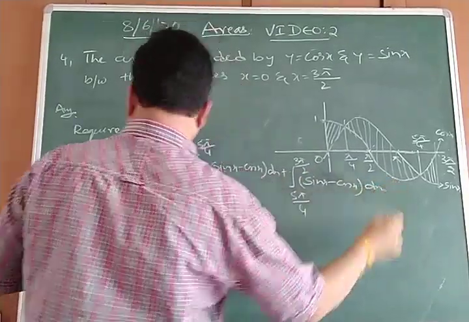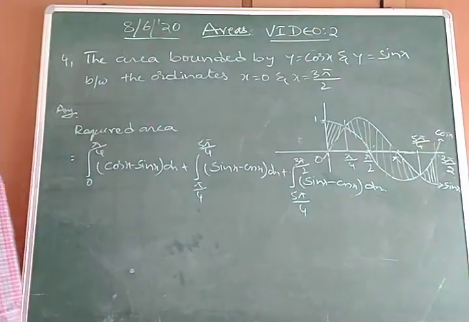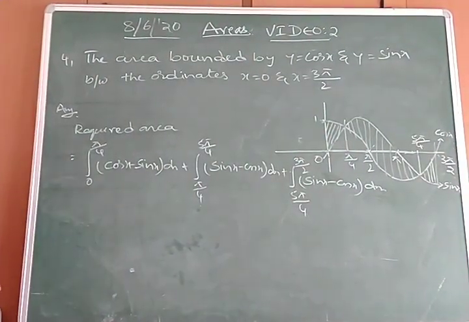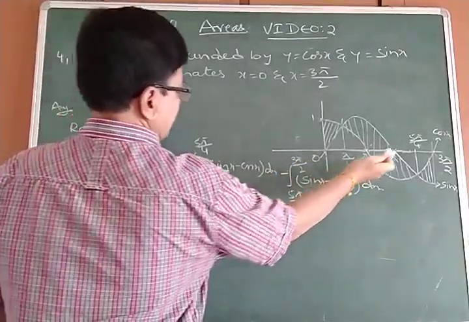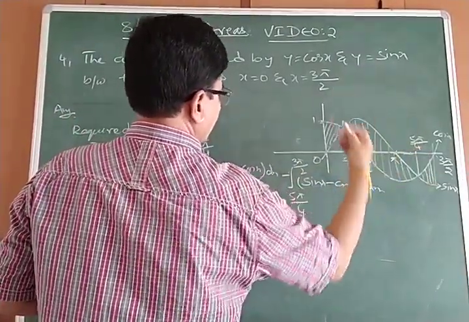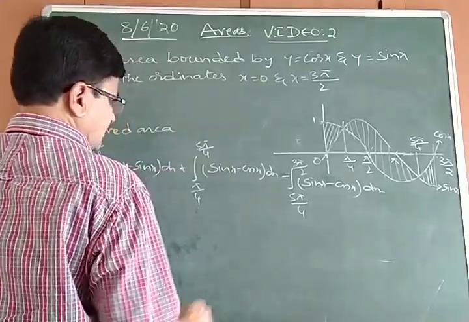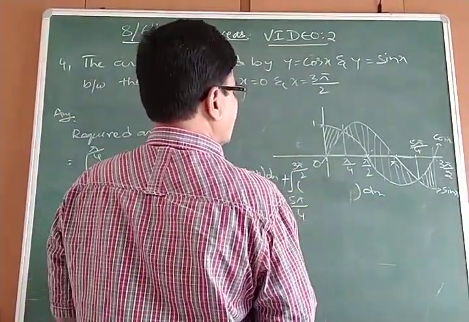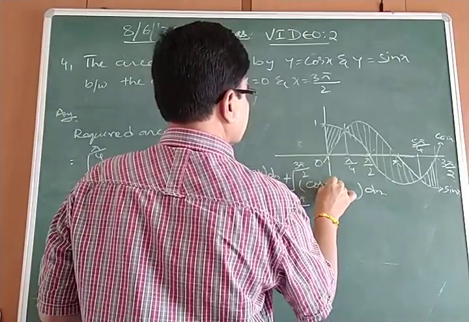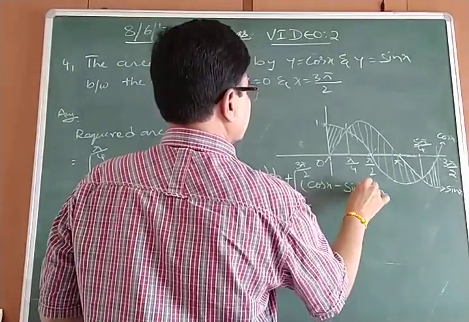So sin x minus cos x dx. It is minus because it is below the x-axis, or otherwise we can write this as plus cos x minus sin x.